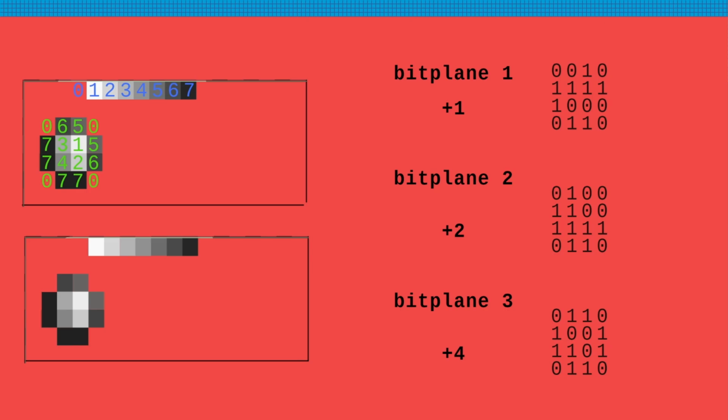Fourth bitplane would be +8, and so forth. And this indicates the color register that is in question.